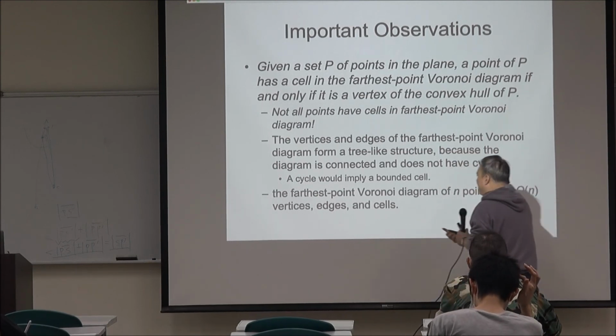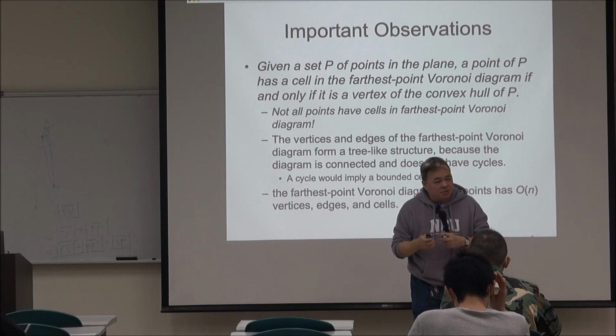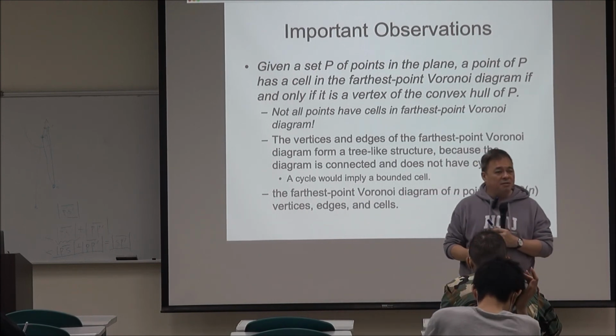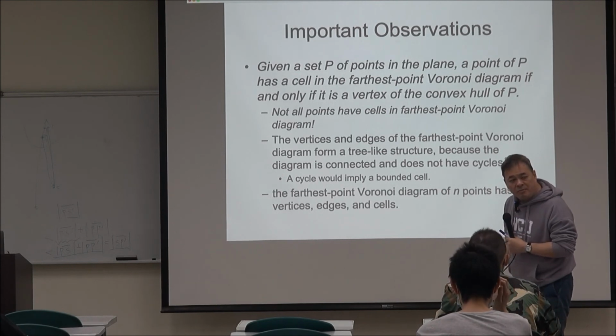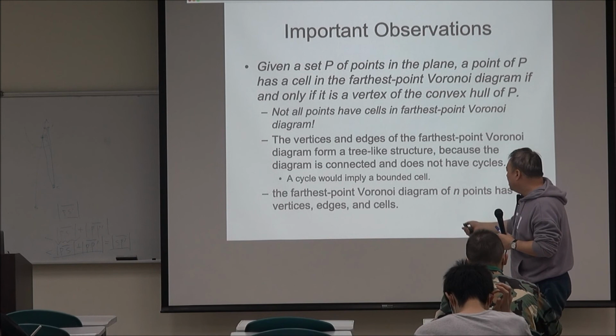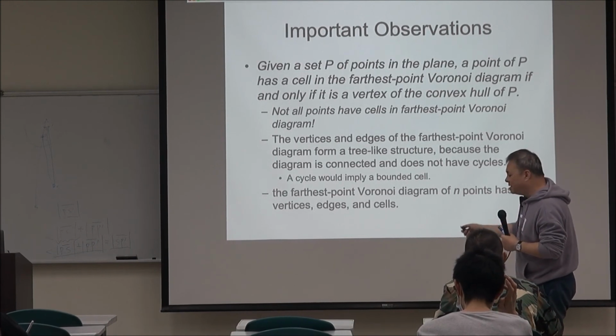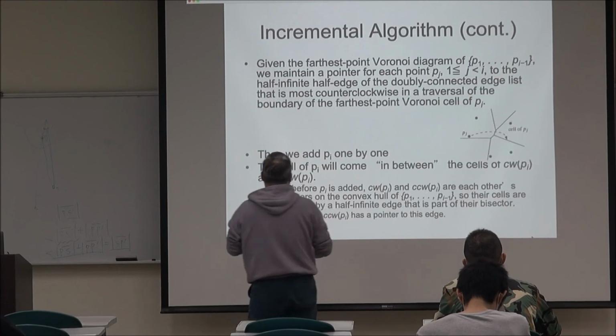As for the number of vertices and edges, the proof will be similar to what we have for the regular Voronoi diagram. Remember, in a regular Voronoi diagram, we proved that it has a linear number of vertices and edges.